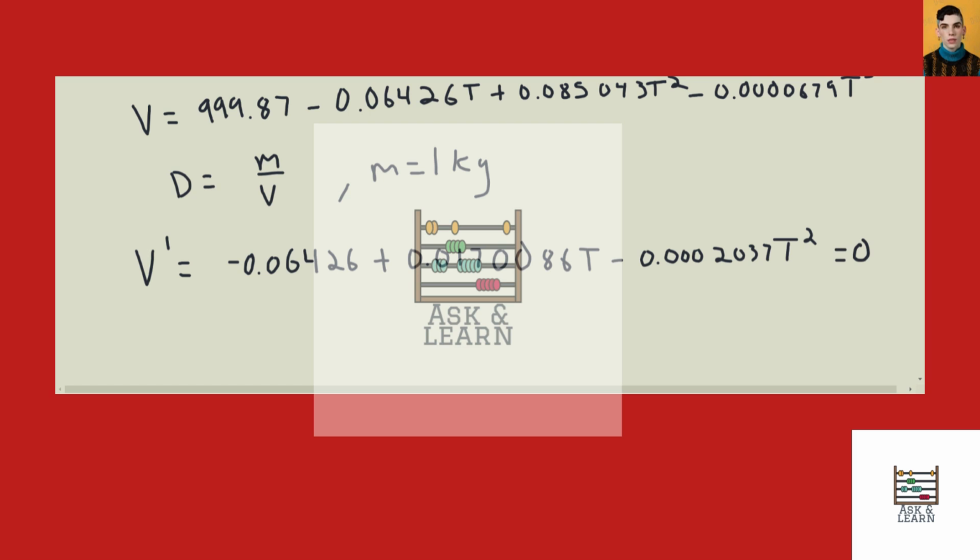And then if we use the quadratic equation, we can solve for our T, where T1 is going to be equal to 3.9665, and our second T would be equal to 79.531.